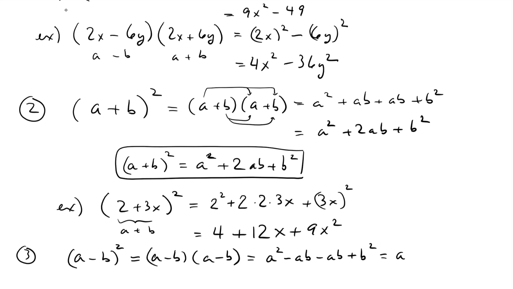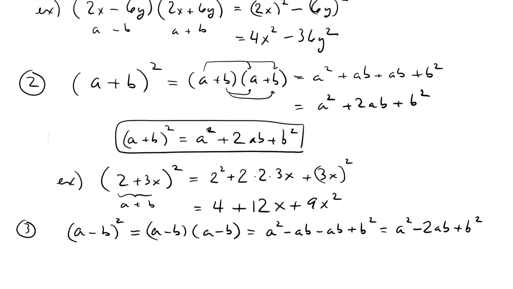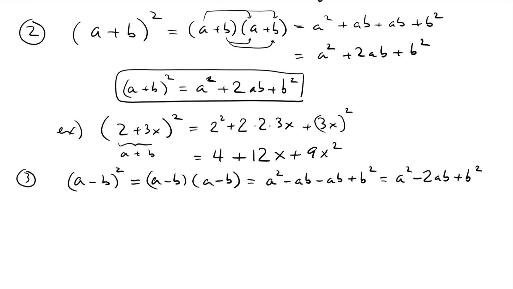So that gives me a squared minus 2ab plus b squared. So there's a strong similarity between the two formulas. In fact, I can sort of summarize the two formulas in one frame.